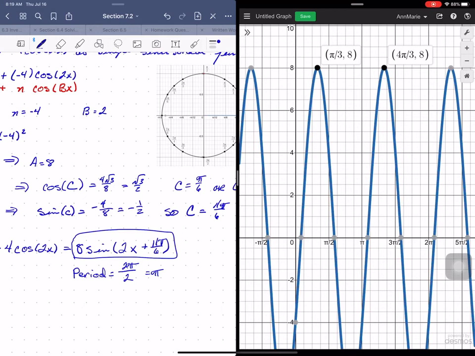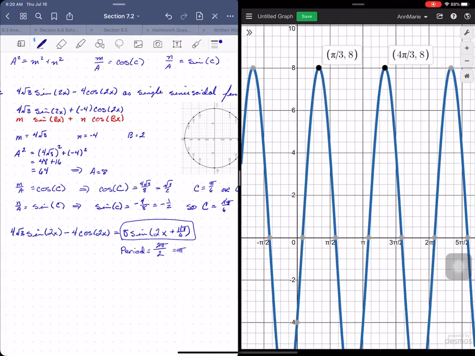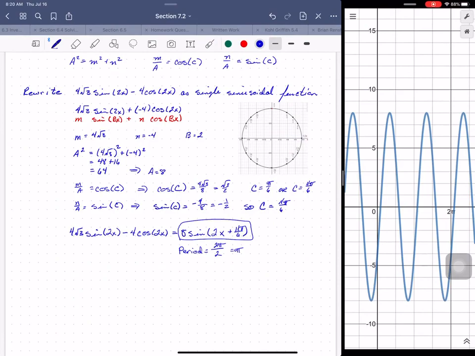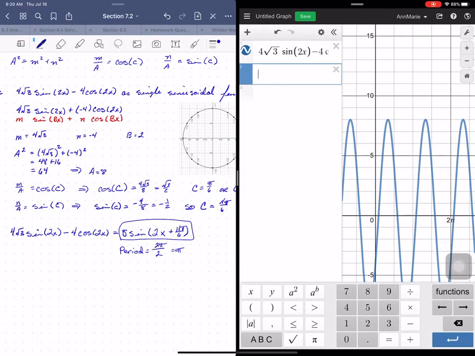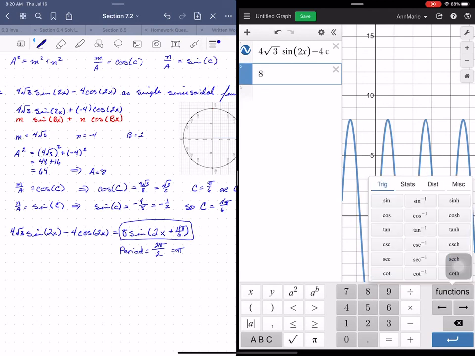And we could do a little bit of work and figure out relatively easily that I have a horizontal shift to the right of 11 pi over 6. And so yes, indeed, this is the same graph. And if you really don't believe me, we'll just put the right-hand side on here.